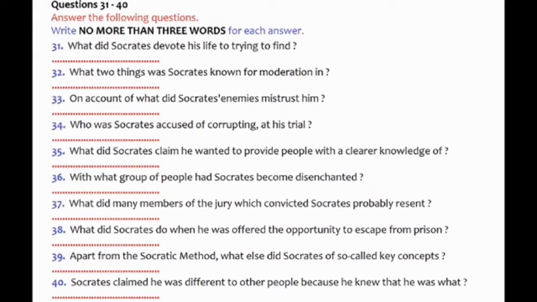Their efforts to have him ruined saw him brought to trial on charges of corrupting the young and disrespecting religious traditions. In the trial, Socrates defended himself, claiming that he had done nothing more sinister than enlighten people with a clearer knowledge of the truth, which is essential for the correct conduct of life.